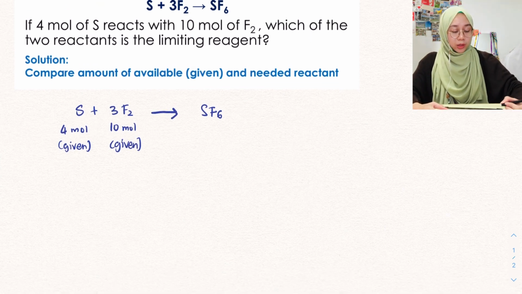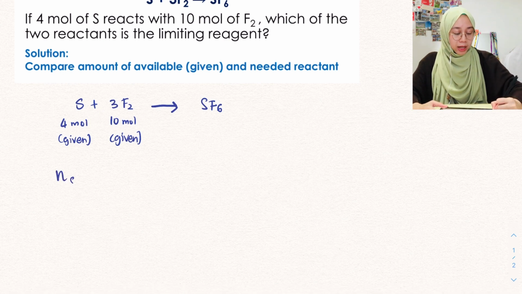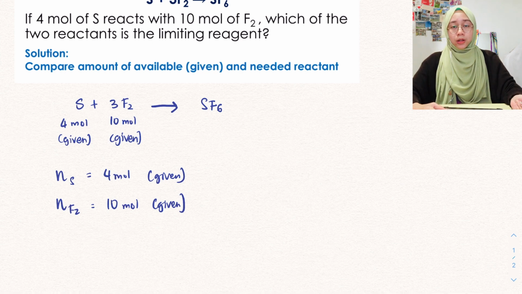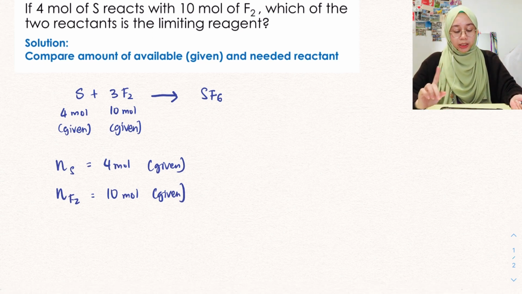Ataupun kalau kamu nak tulis properly, so nS equals to 4 mole. So ini given. And then kamu nak keluarkan n untuk fluorine adalah 10 mole. So ini adalah given juga. Okay, so now kita akan guna stoichiometry relationship antara sulfur and also fluorine.